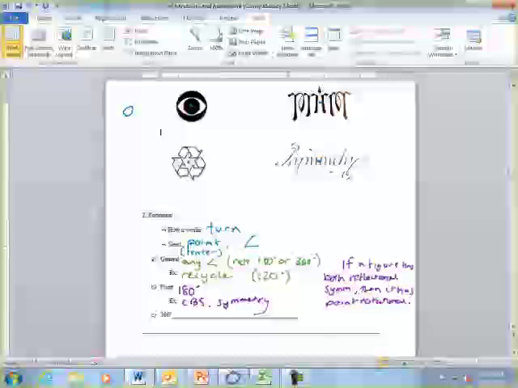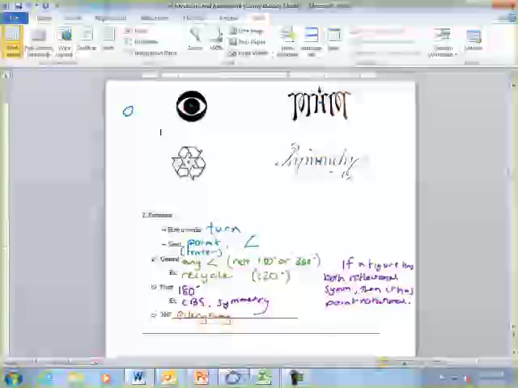The last one is 360. What can you tell me about 360 rotational? It's going to turn out to be the same exact thing. So what has 360 rotational? Everything. All of those pictures, but anything in general would have 360 rotational because that's just turning it right back to where it started.